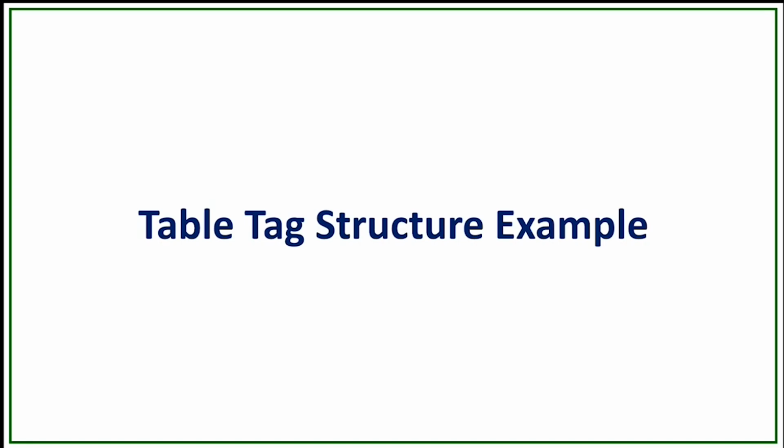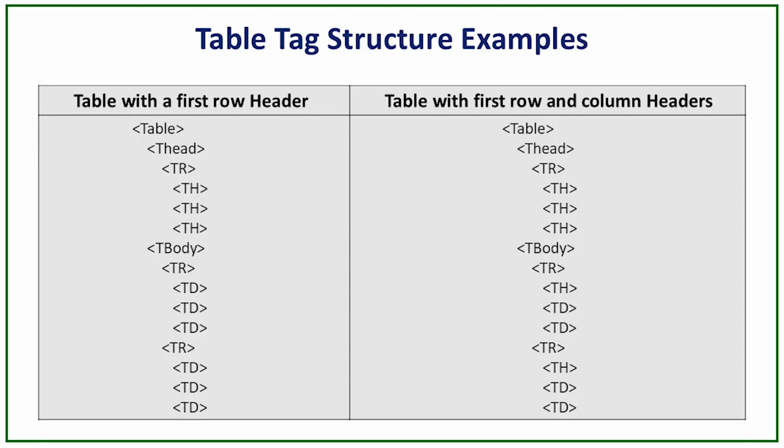Table tag structure example. Now let's look at an example of proper table tag structure in Adobe Acrobat Pro. The following image is a table that shows proper table tag structure. For a table with a first row header, we begin with a table tag on the first level.